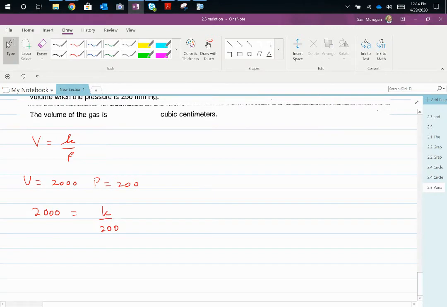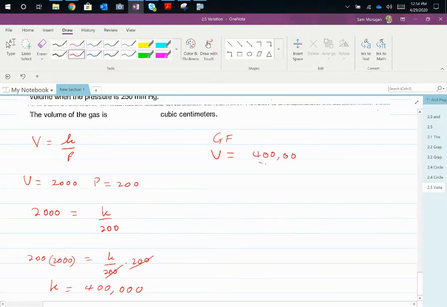So multiply both sides by 200, and we get K is equal to 200 times 2,000, which is 400,000. So my general formula is V is equal to 400,000 over P.